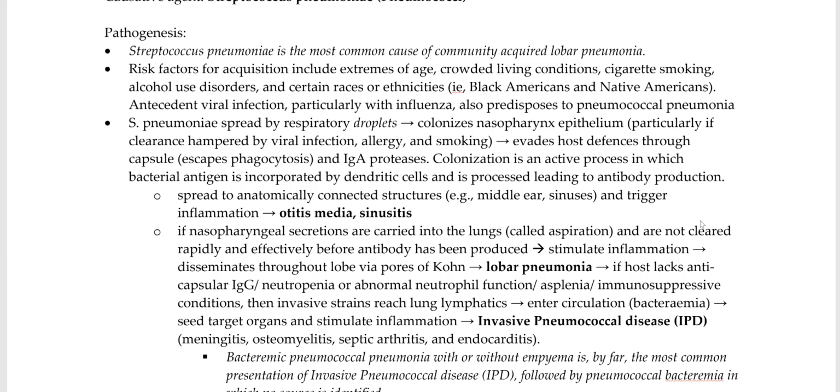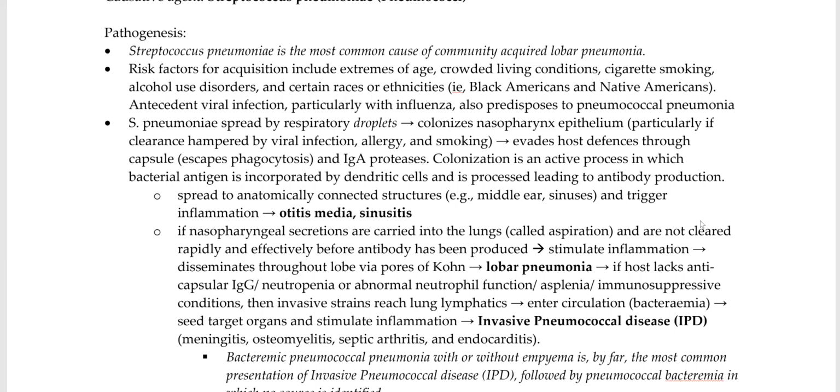If these nasopharyngeal secretions are carried into lungs, which is known as aspiration, and they are not cleared rapidly and effectively before antibody is produced, then there also they stimulate inflammation, and then they disseminate through pores of Kohn, causing the lobar pneumonia.